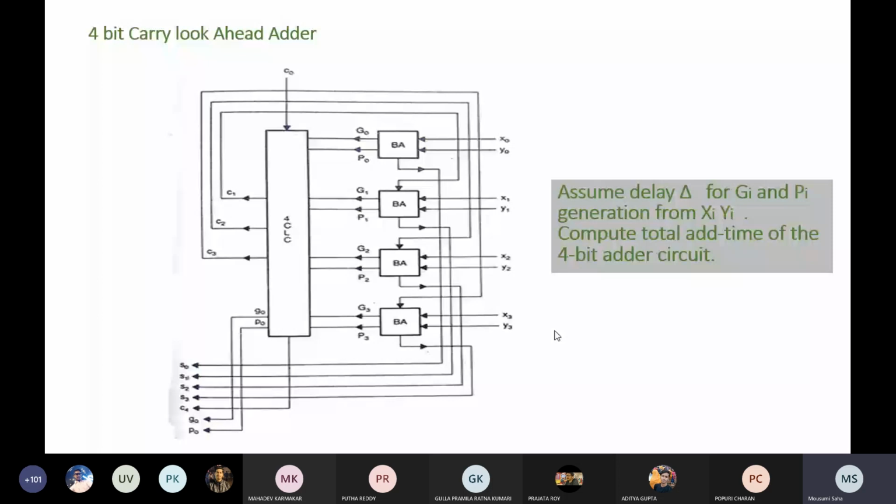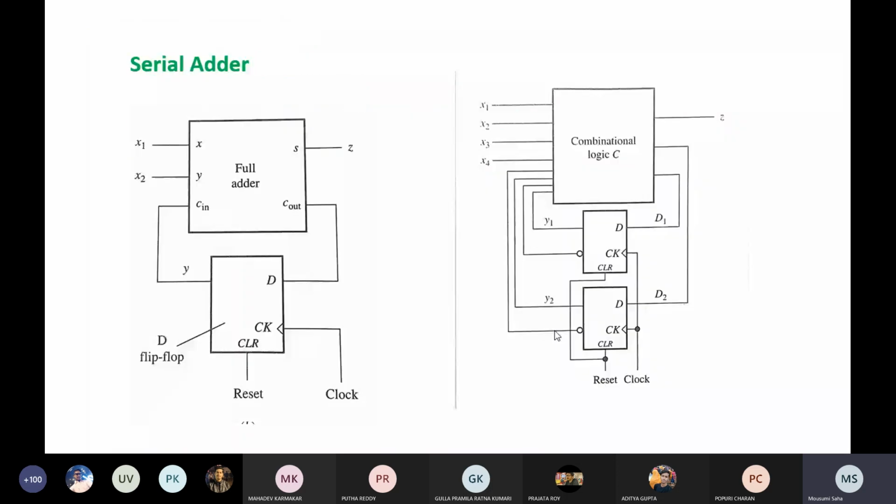Now this circuit is known to you because last semester you have done it. This is also something you have done, called the serial adder circuit. The carry look ahead adder circuit or ripple carry adder circuit, we can say 4-bit adder circuit, 16-bit adder circuit, depends on the bits you have in your number.